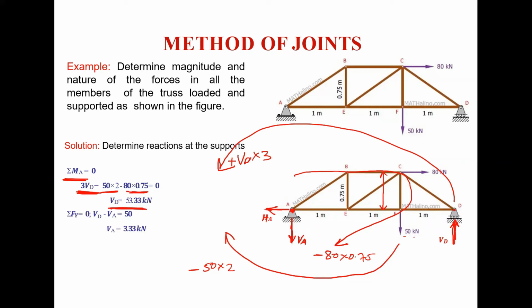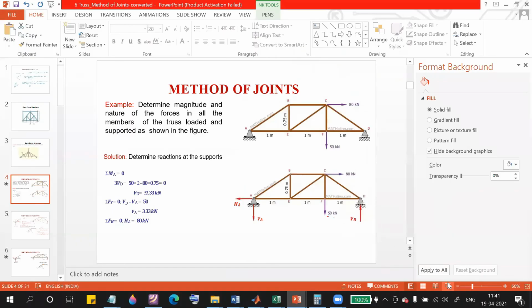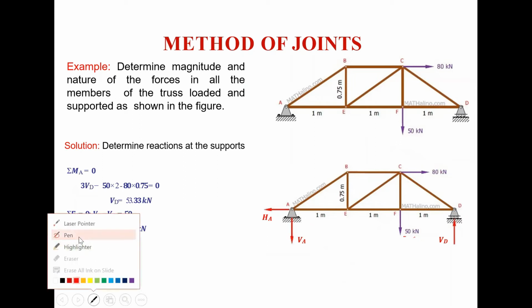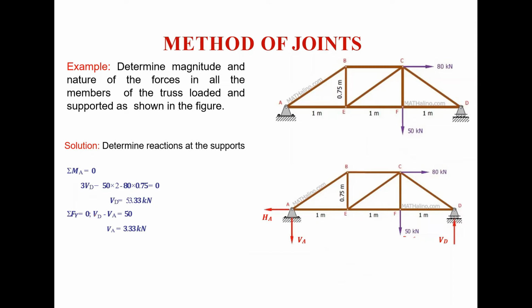So VD will be equal to 53.33 kilonewton. So already we have calculated VD. Now you can balance the forces along the vertical axis. So you will get VD minus VA.